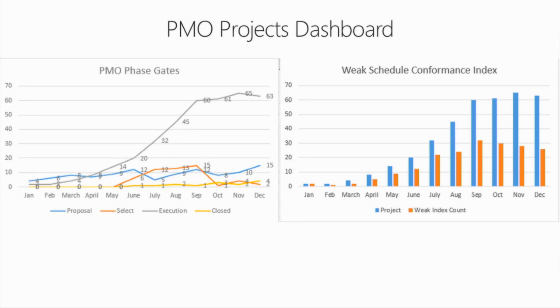And then you're seeing this, what I call a weak index. That just indicates the project managers aren't doing enough to make that schedule meet the governance of their PMO. But I'm seeing a trend where it's going down because often project managers have to be trained and told what the standards are.